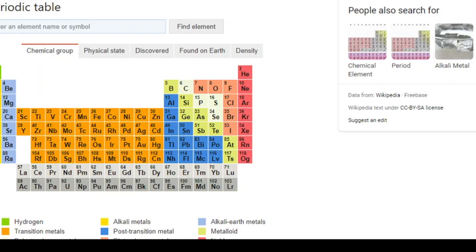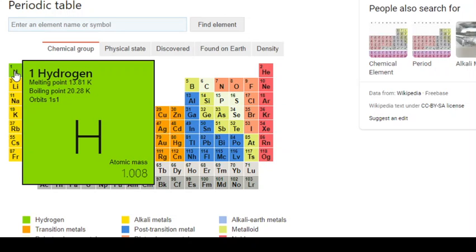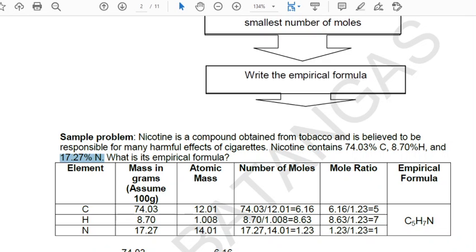You can see that in the periodic table of elements. That's hydrogen, and 1.008 is the atomic mass of hydrogen.